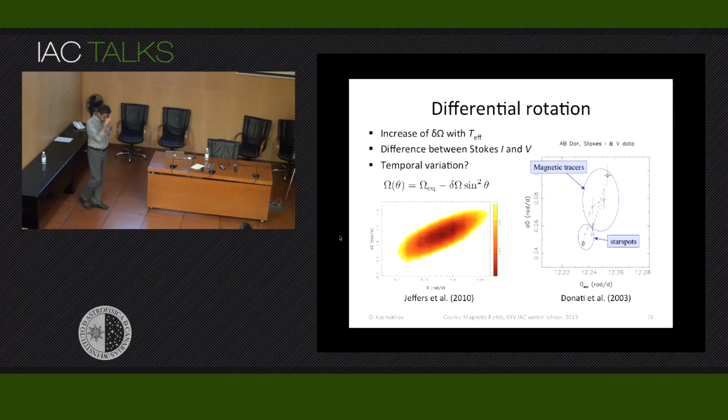Now, going to a slightly different aspect, we know that for the Sun, from theories, generation of magnetic field is closely related to what is known as differential rotation. So what do we know about differential rotation for stars other than the Sun?